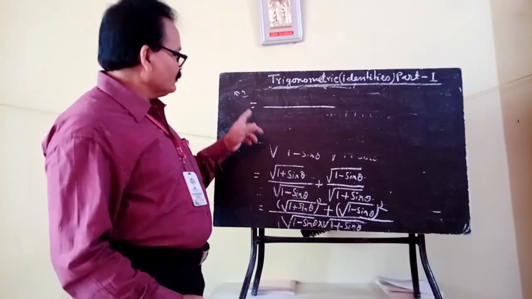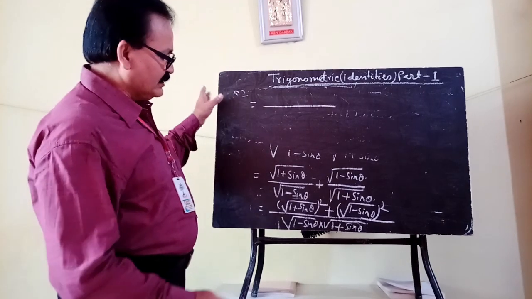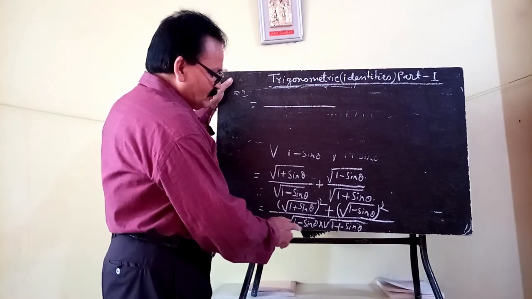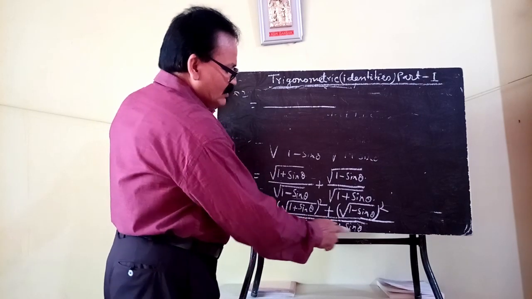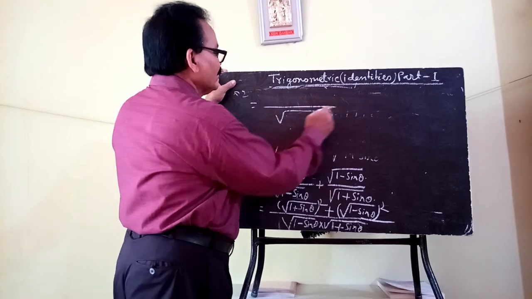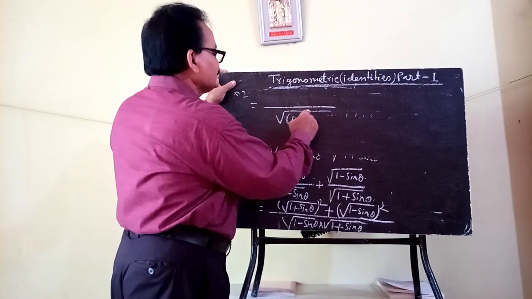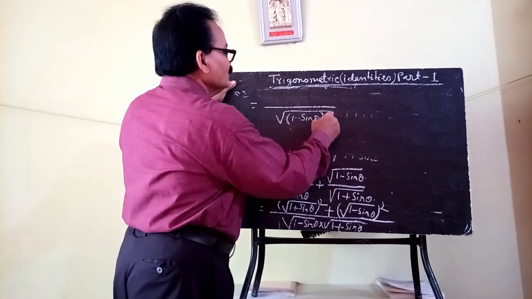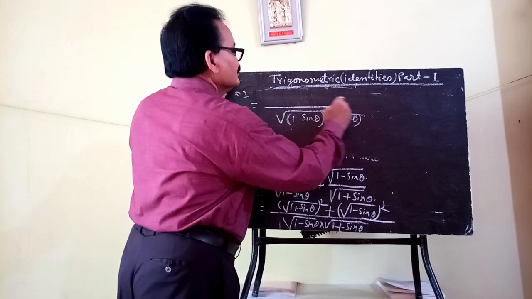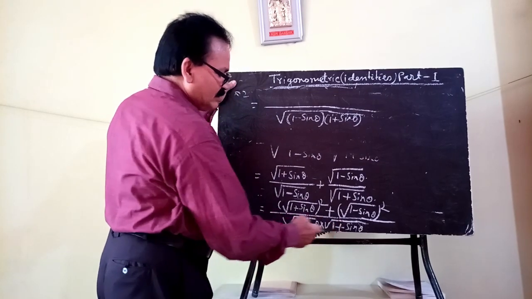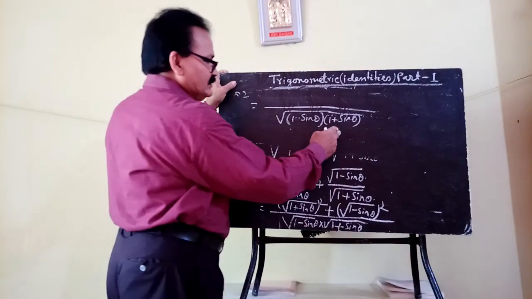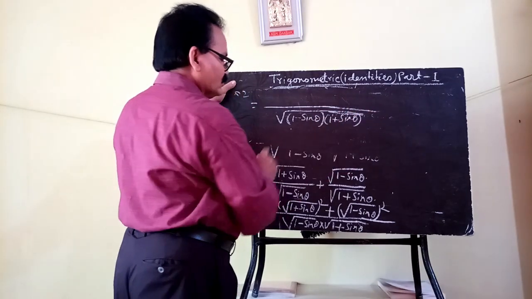Okay. Now you have to write the next step of this question. So in the denominator it is square root of 1 minus sin theta into square root of 1 plus sin theta. So your product will be 1 minus sin theta into 1 plus sin theta, because both the multiplication are having square root, so you can multiply under one root. Okay.